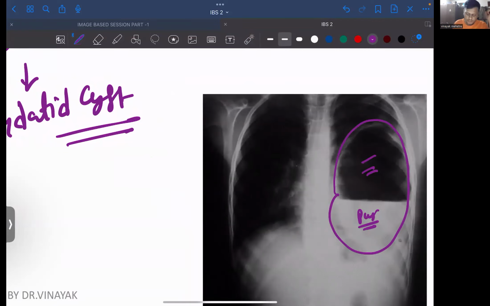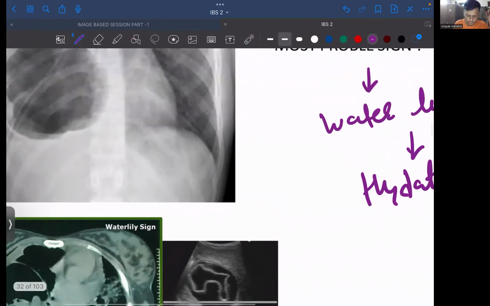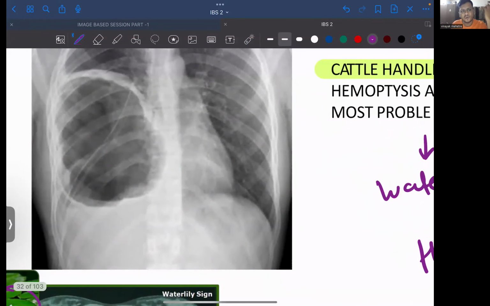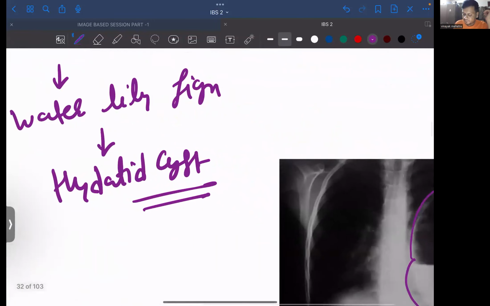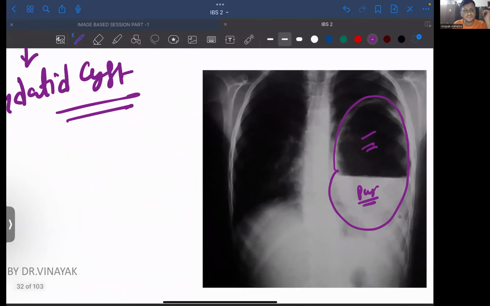Over here it looks like a hollow organ, right, it looks like a hollow cavity, but actually it is here. So do not get confused between lung abscess and water lily sign. In lung abscess you will get demarcations, a cavity with a straight line. Okay, this is lung abscess.